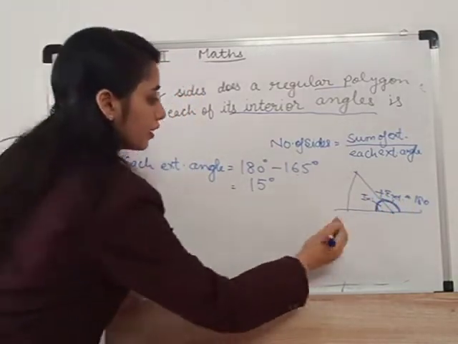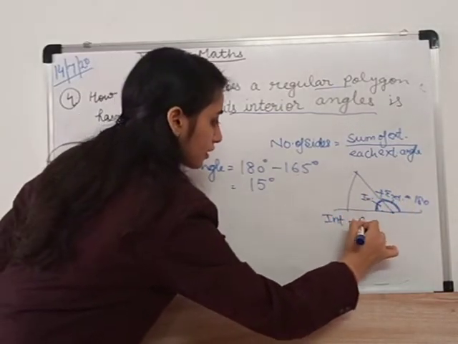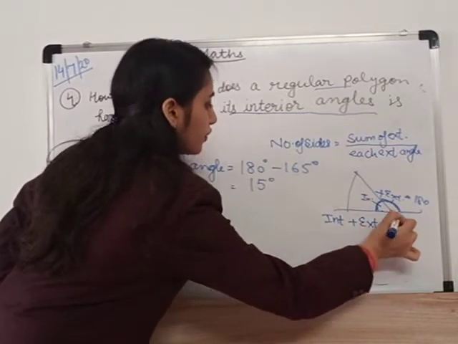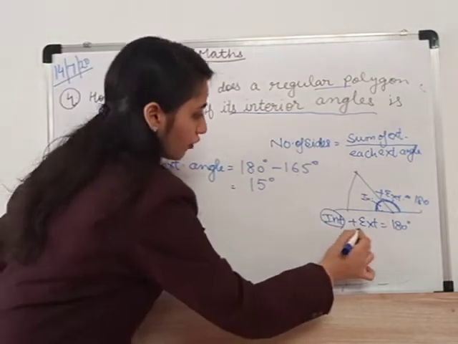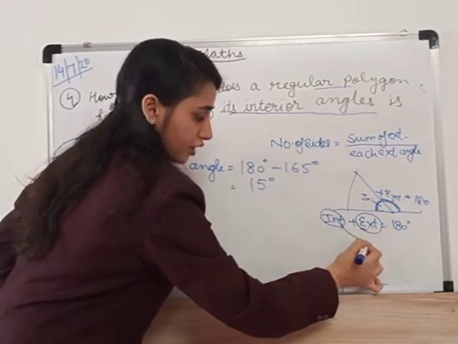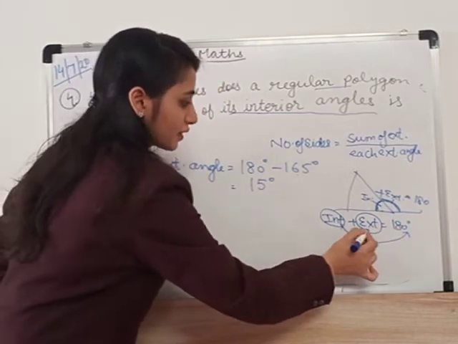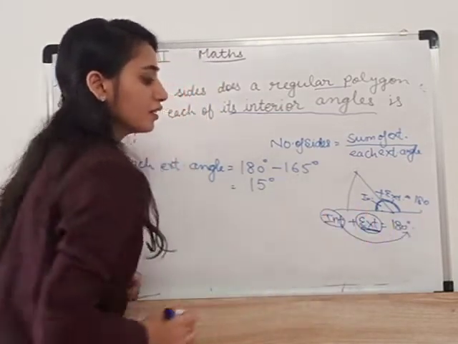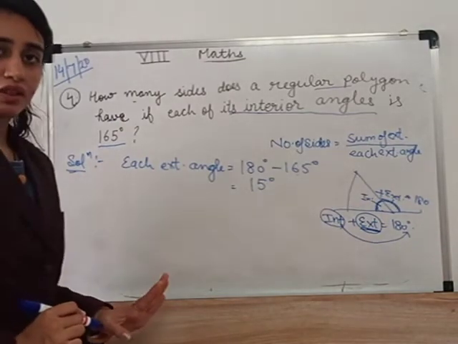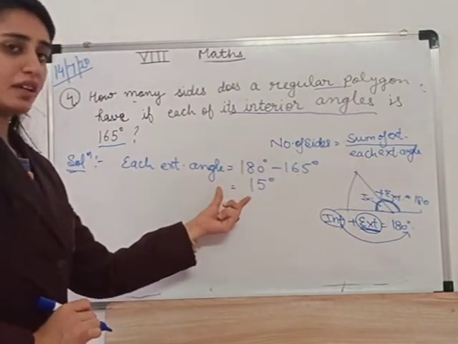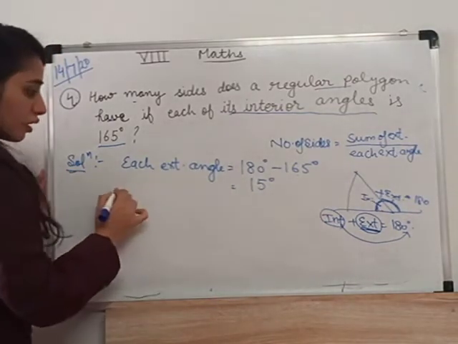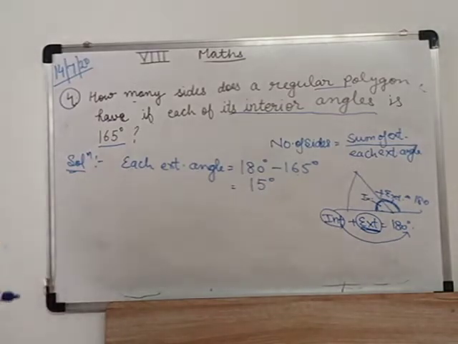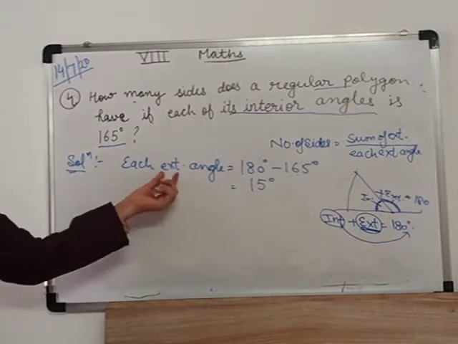Now the interior angle is given, so how can we find the exterior angle? Interior shifts to the right, meaning exterior angle is equal to 180 minus interior angle. Understood? You can write it directly as exterior angle equals 180 minus interior angle. Now we have the exterior angle.